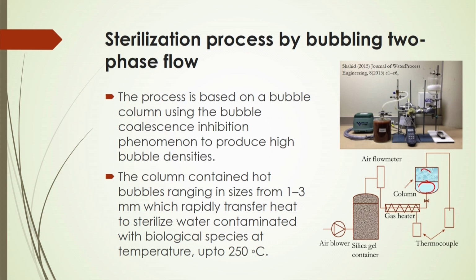To remove the moisture you apply silica gel, and after that you pass the gas through a rotameter, that is an air flow meter, and then through a gas heater to heat it to a certain temperature. At that temperature it is passed through the column, which is filled with biological species rich water that is to be removed by this sterilization process.